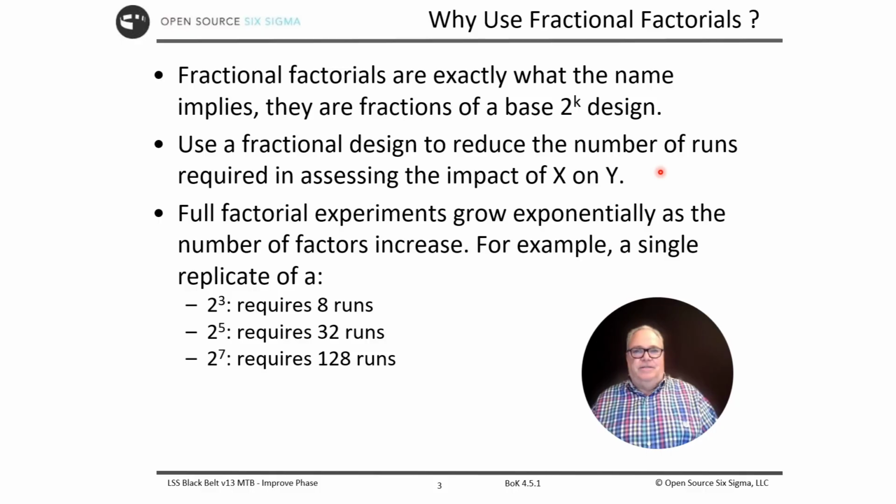When p equals 1, it's a half fraction. When p equals 2, it's a quarter fraction, and so on. And then we have this thing down here called R, which is the design resolution. And we're going to get into that in some detail. There are many different types of resolutions. We're going to specifically look at 3, 4, and 5 or greater, which are essentially full factorials.